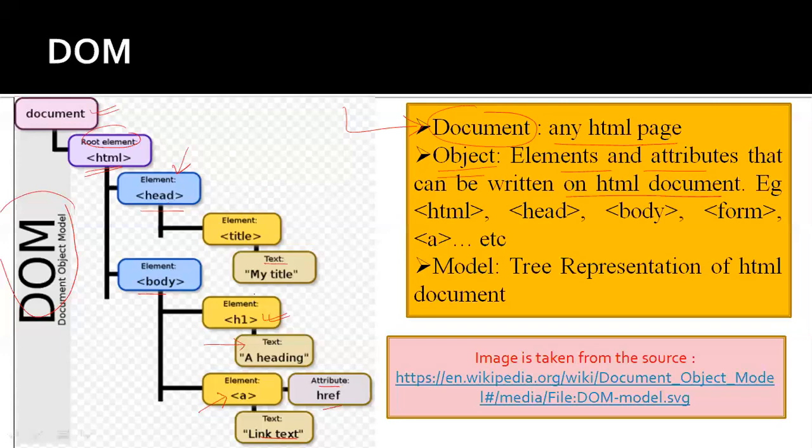Clear? Or we can say whenever we write HTML code to design a website, we write different types of tags and text, right? So here, these are some examples of tags: HTML, head tag, body tag, form tag, anchor tag.